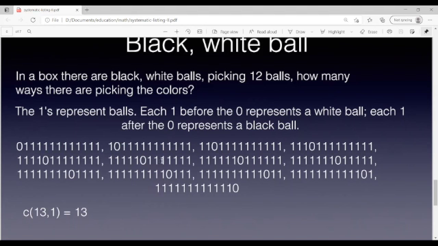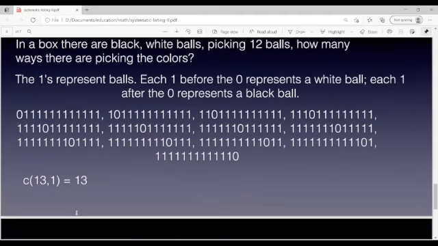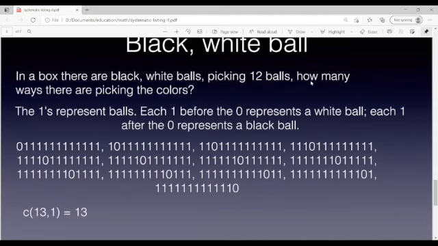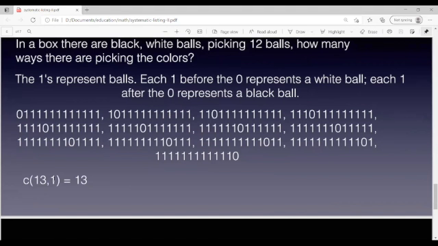So you can see that the combination is just 13. There are 13 ways you can pick the colors, because you're only moving the 0. You can just move the 0 to the right every time, and you'll get 13.